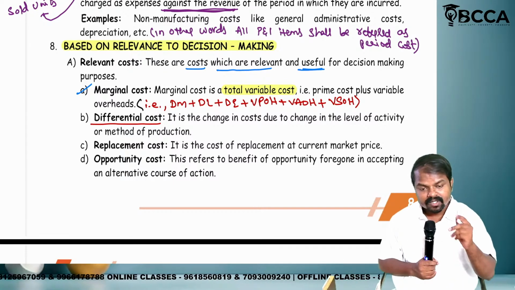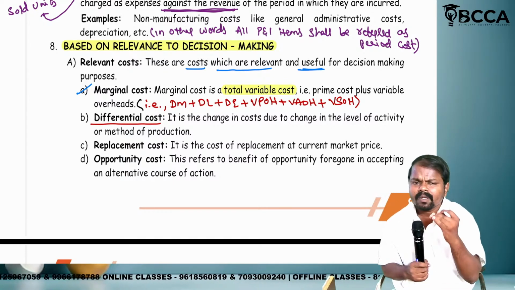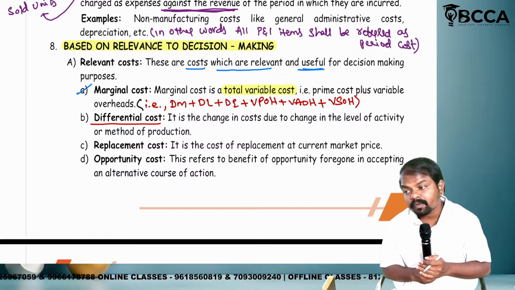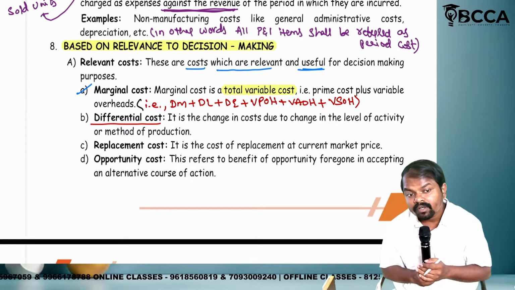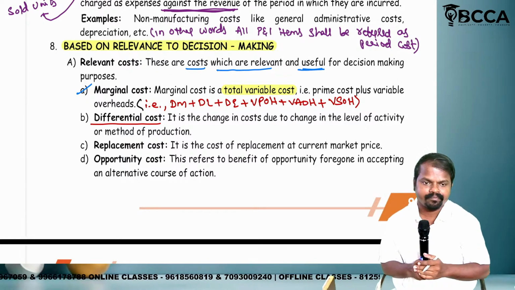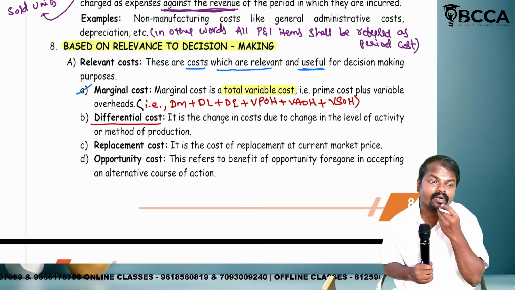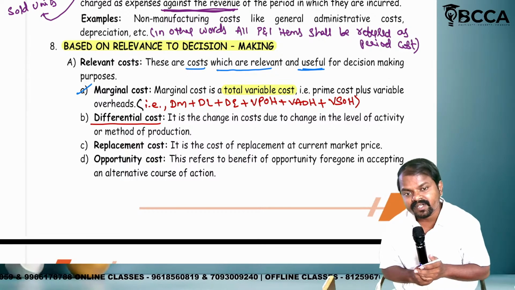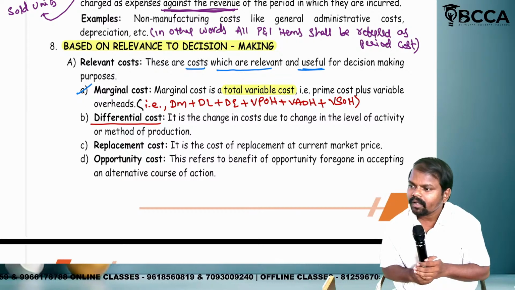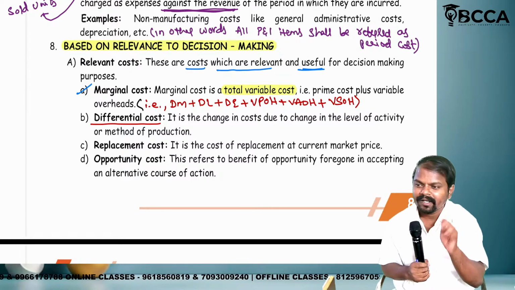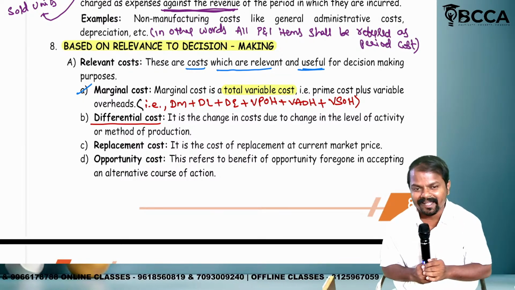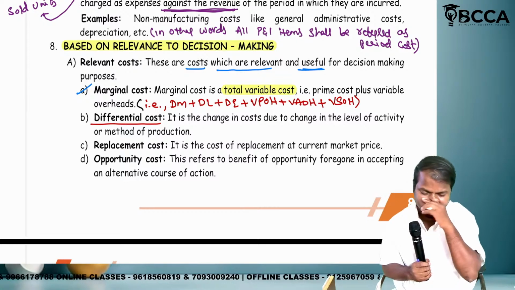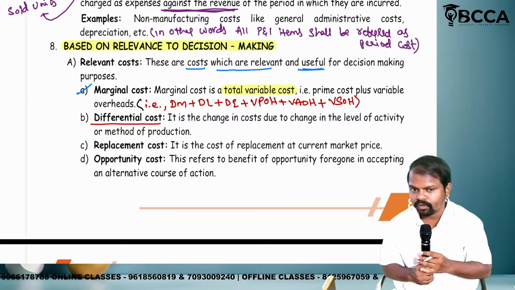See, you are producing 10,000 units every month. In one month you are required to produce 11,000 units instead of 10,000 units. How much portion is the cost increasing? You are not listening to the question clearly. Every month we are producing 10,000 units.